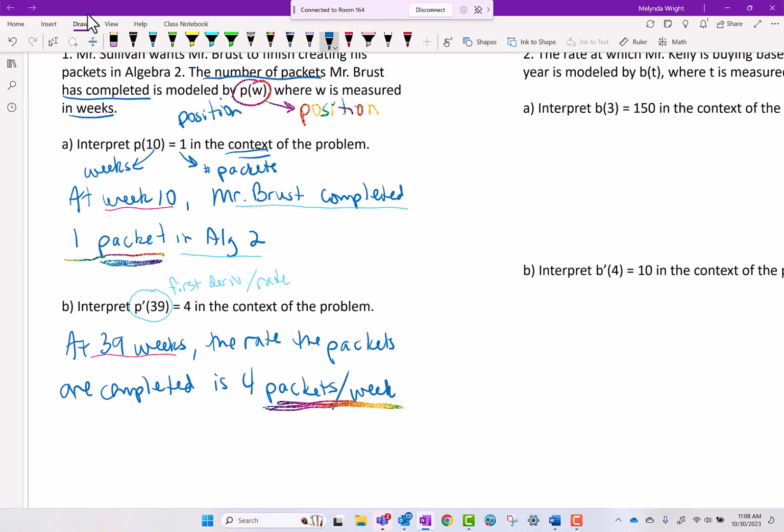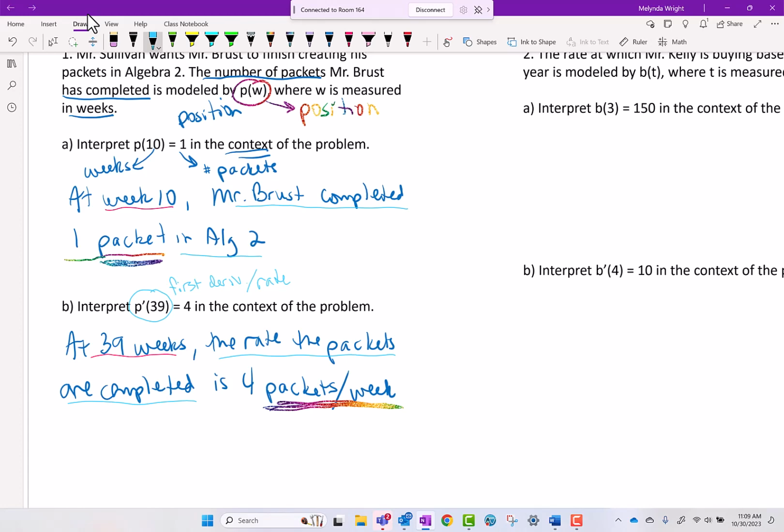I think they say noun because it makes a nice little acronym, right? NUT, noun, unit, time. It's basically the subject. So it's the rate the packets are being completed. That would be like the noun. The rate the packets are completed is 4 packets per week. So I have my noun, the rate the packets are completed, or the action. Maybe a better word would be what action has happened. The action, the units, and the time.